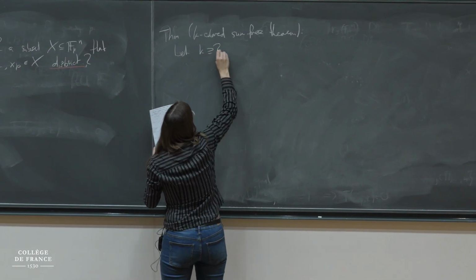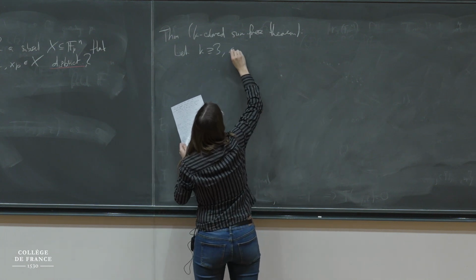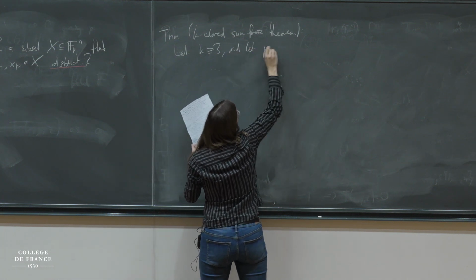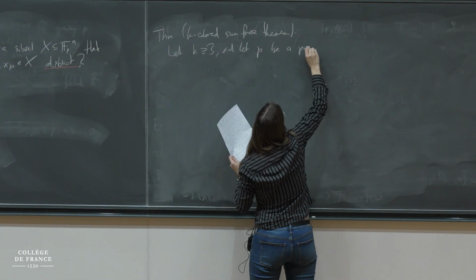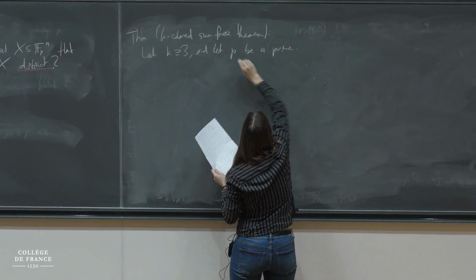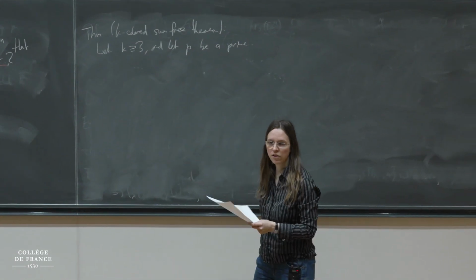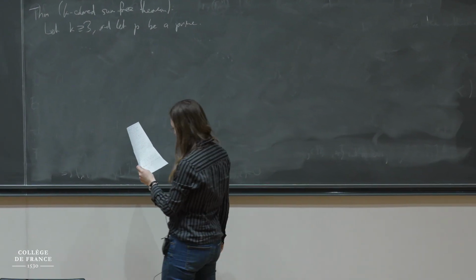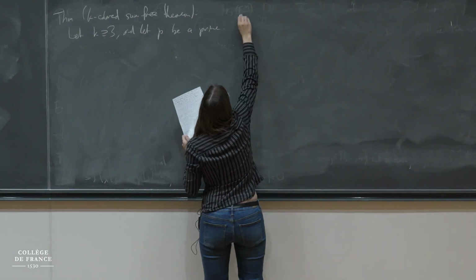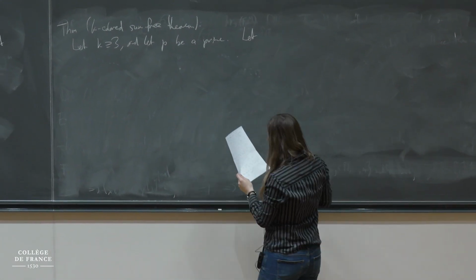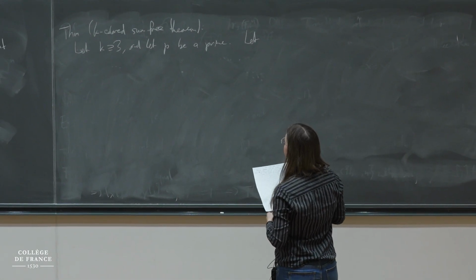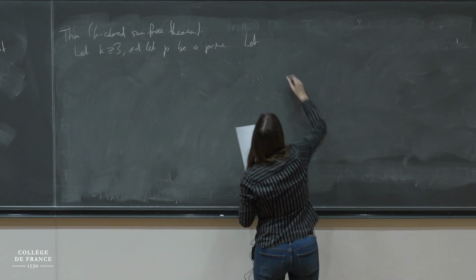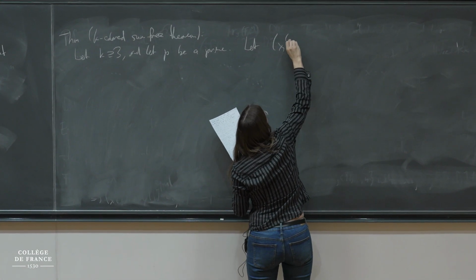So let k be at least 3, and let p be a prime. And this theorem even makes sense if the prime p is 2. So this yields a non-trivial theorem even for p equals 2. And so the theorem is a bit technical, but I'll explain in a second how one could think about this.